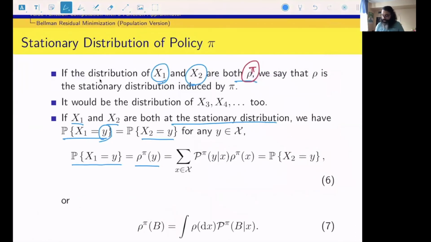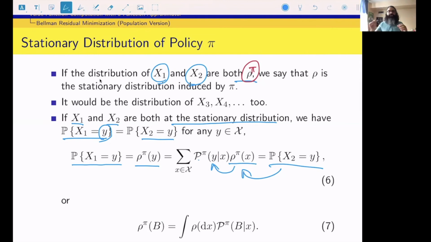So the distribution of x2 is this summation of rho pi of x, because x1 started from rho pi, and then transitioning to y according to the probability P pi of y given x.